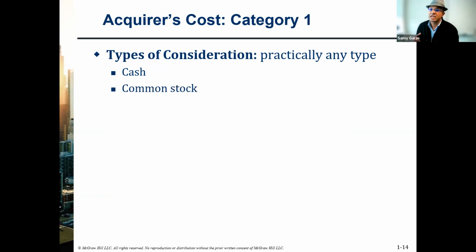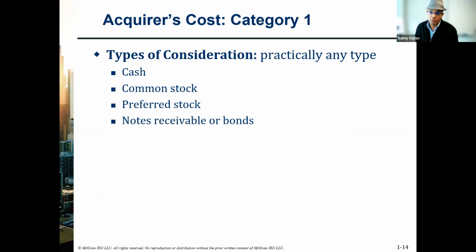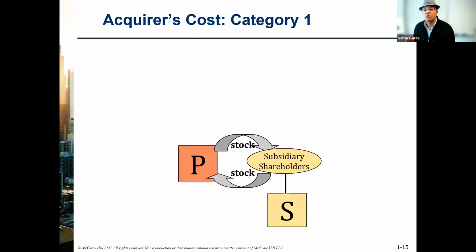But we need to check the common stock, preferred stock, note receivable or bonds payable that we give to the subsidiary, any used equipment like trucks, and we consider all these fair market value of the assets. So here in this diagram, we see the parent company is giving shares to the subsidiary, and here we check the fair market value of the shares that the parent company is giving to the subsidiary.